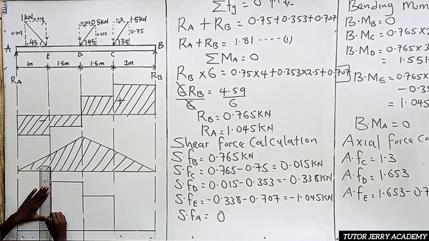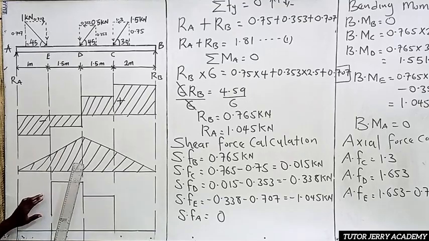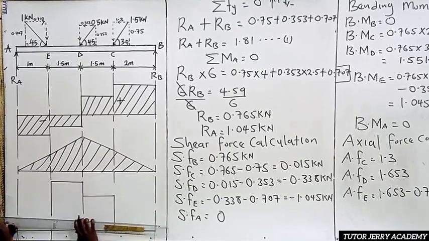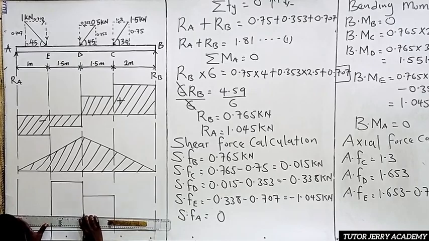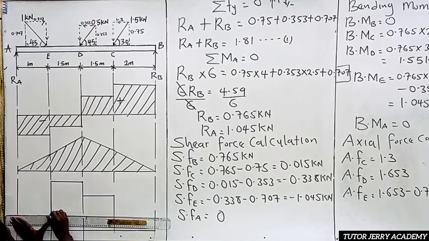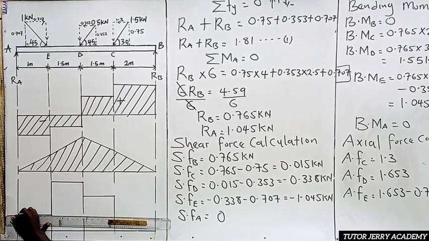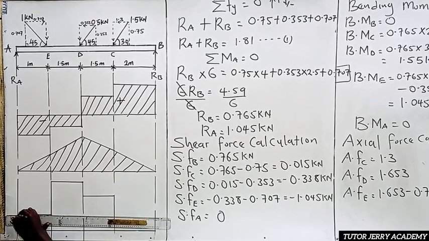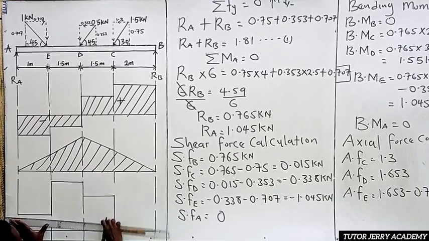All right, that's it. And between E and A, we don't have any other load, so we can close it at this point. All right, so that is our axial load.